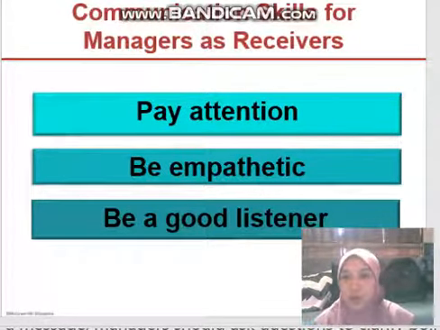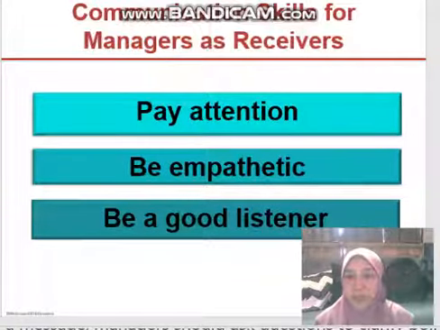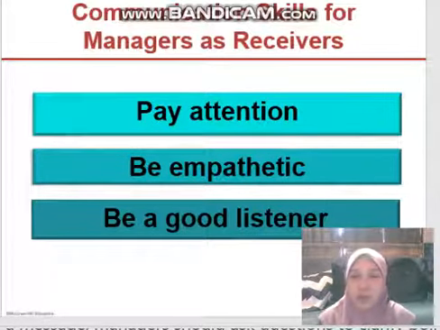So you try to interpret the message sent by your subordinate based on the sender's perspective. Do not use your own perspective to give feedback. That is known as being empathic.